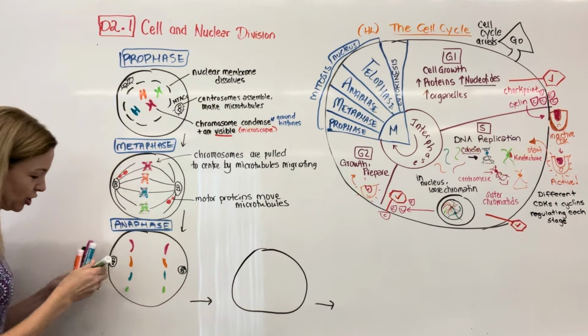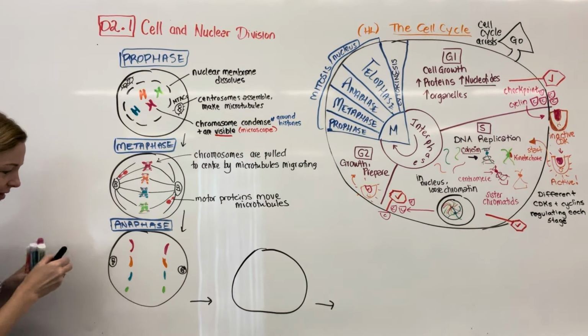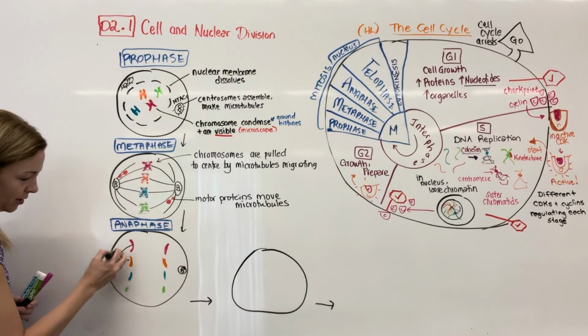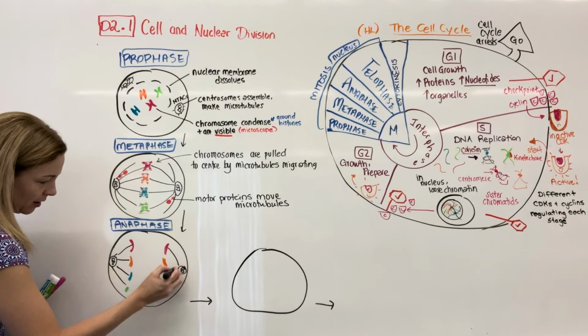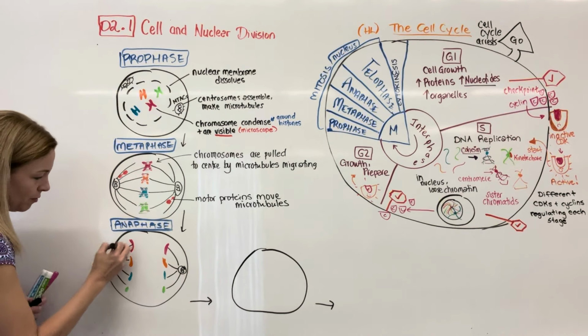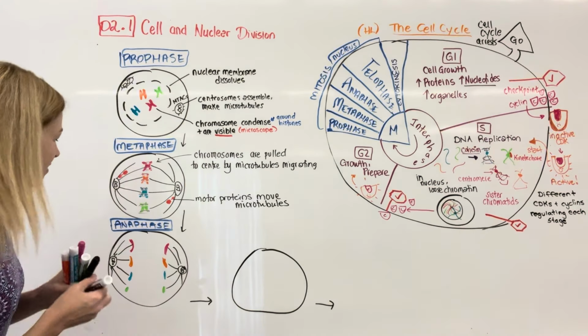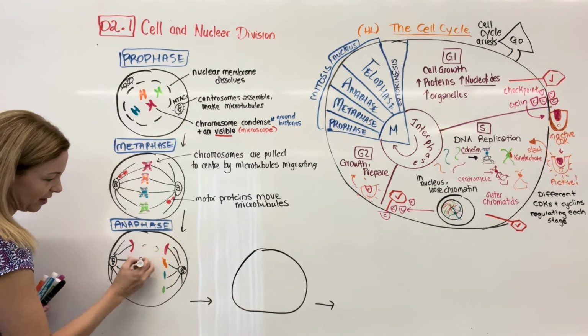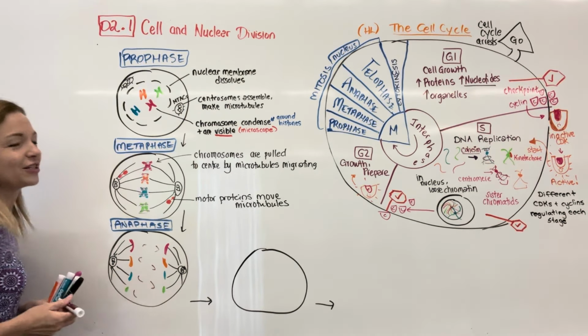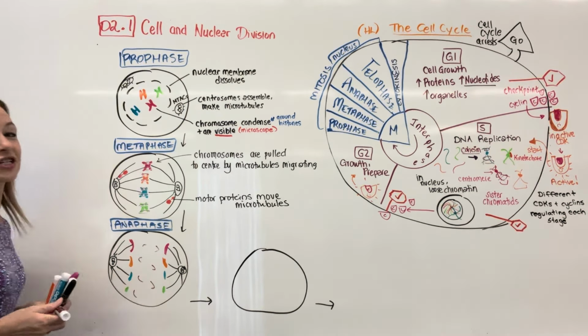First of all, let's make sure we connect these to their microtubules, like so. And then I'm going to show here in the middle that my cohesin broke. So there's some broken cohesin, just to show that it's no longer holding them together.